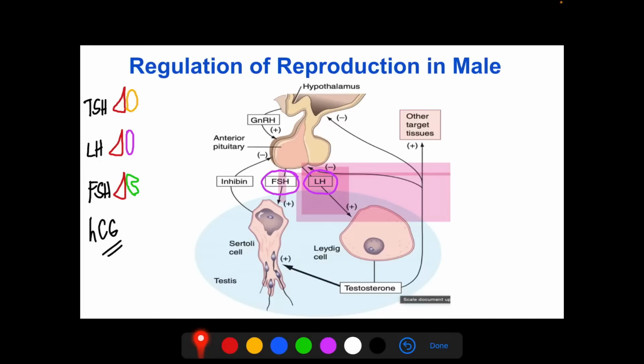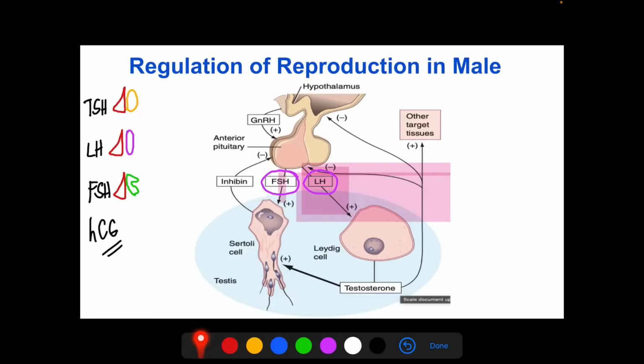So again, after the GnRH induces the production of these two peptide hormones from the anterior pituitary, these Sertoli cells and Leydig cells of the testis will also be induced.